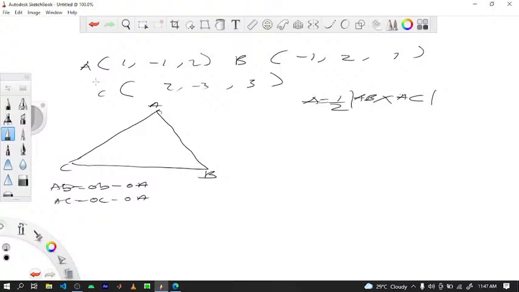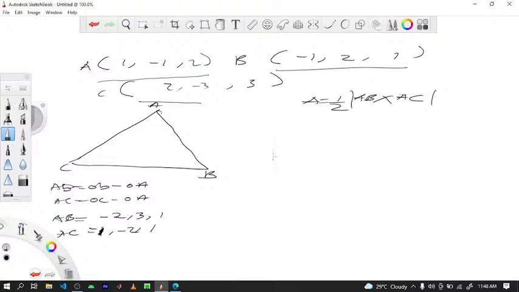So these are OB, and then OC is here. For AB, we are simply going to get minus 2, 3, 1. And for AC, we are going to get 1, minus 2, 1. So 1, minus 2, 1, right?